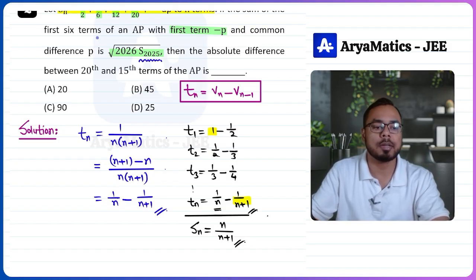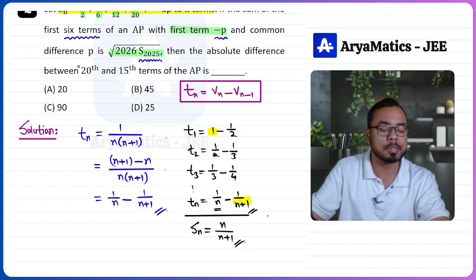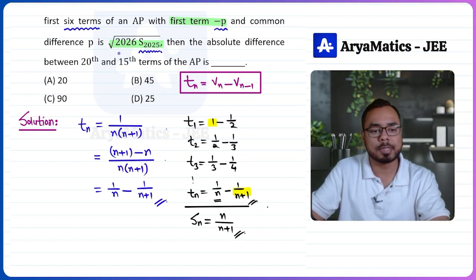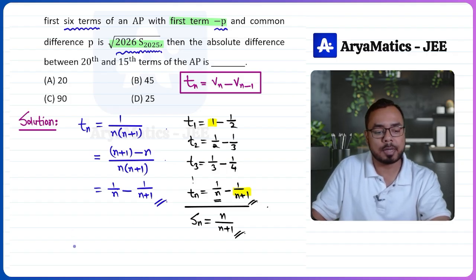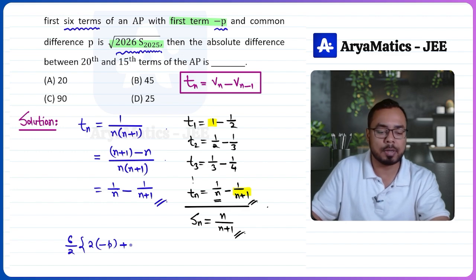Now it is given that the sum of the first 6 terms of an AP with first term minus p and common difference plus p is that number, 2026, multiplied by S of 2025. So the sum of 6 terms of AP will be 6 by 2, multiplied by 2 into A, which is minus P, plus n minus 1, n is 6 so n minus 1 will be 5.